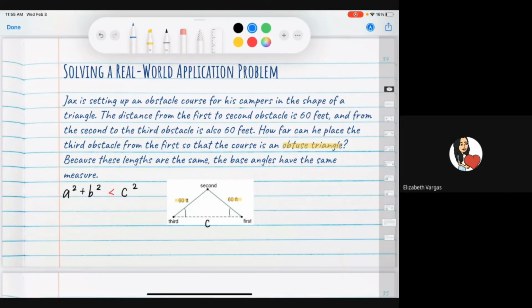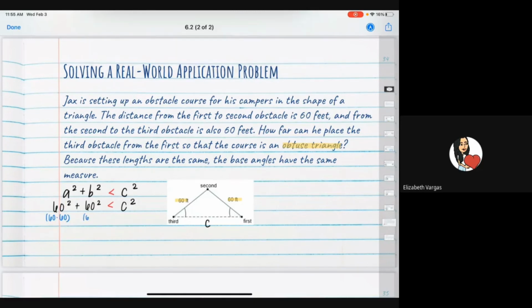So what we want to do is plug in what we're given. We're told that A and B are interchangeable, so 60. And what we're looking for is what C is that makes it greater than my other two sides. Like this.